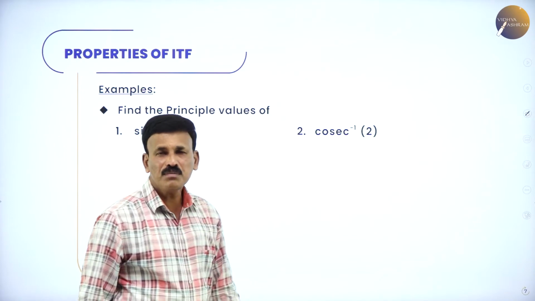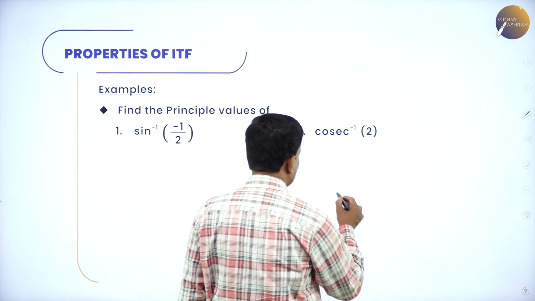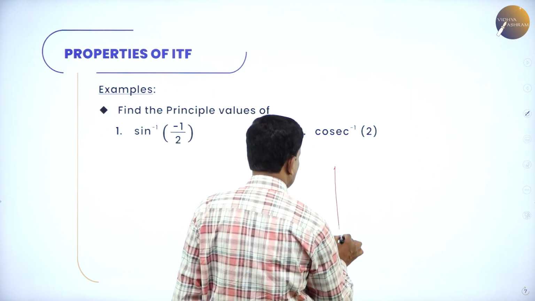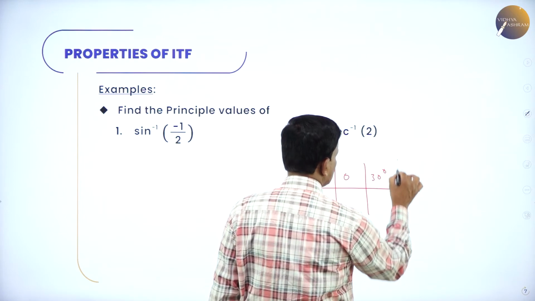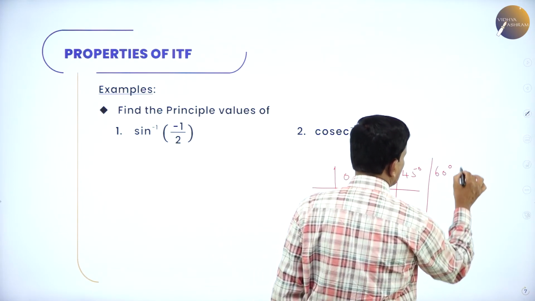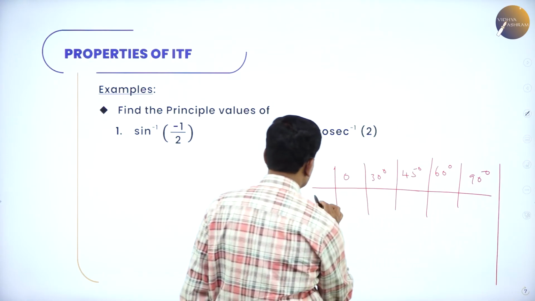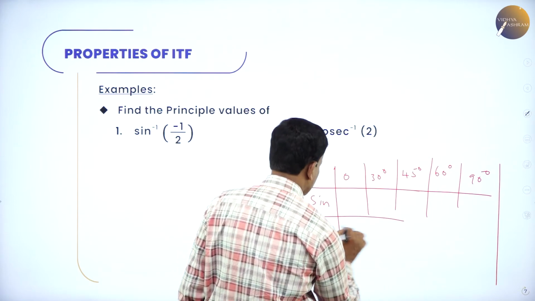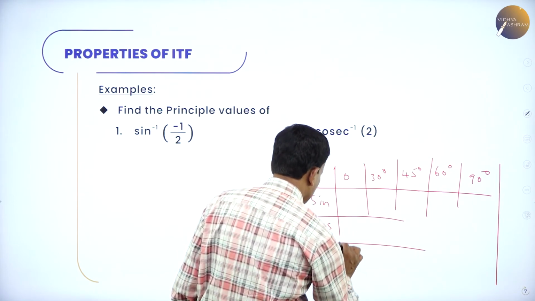Now before that, let me construct this table. Everything entirely depends upon this table. 0 degrees, 30 degrees, 45 degrees, 60 degrees and 90 degrees. Let me write the three important ratios: sine, cos and tan.